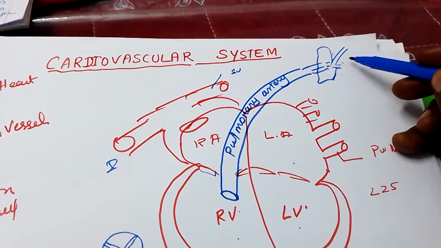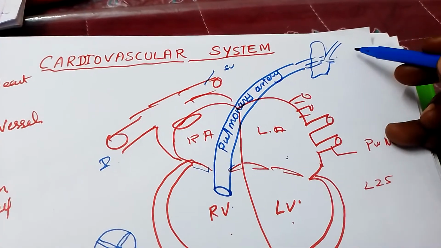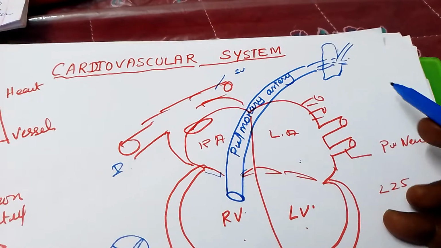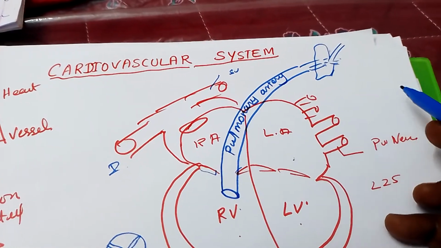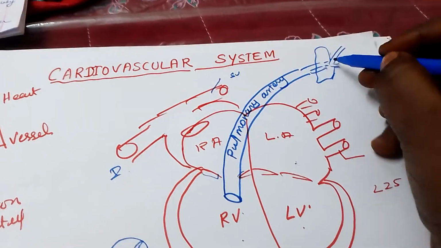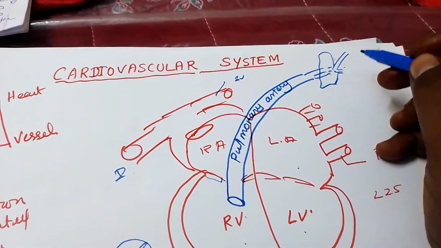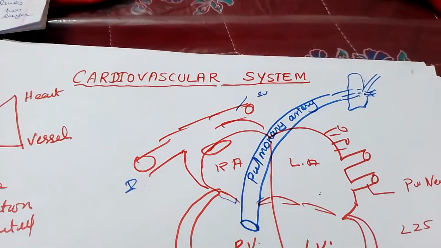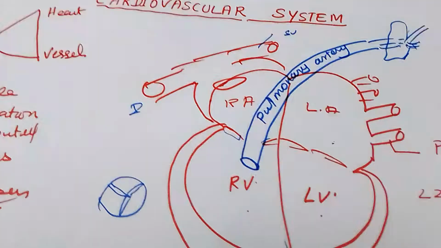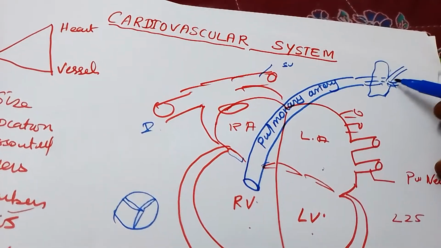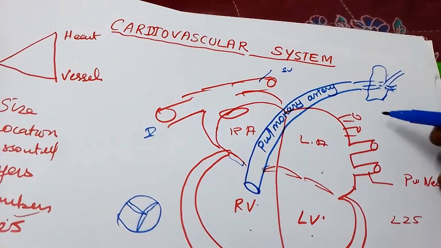Then this blood is collected by the great vessels, not by the aorta, but by the pulmonary veins. How many pulmonary veins are there?